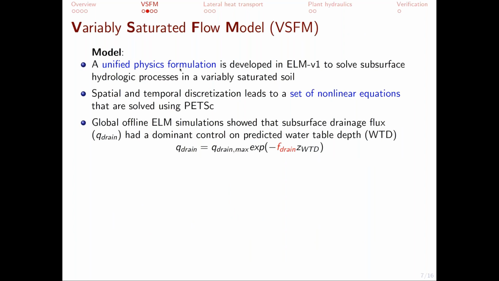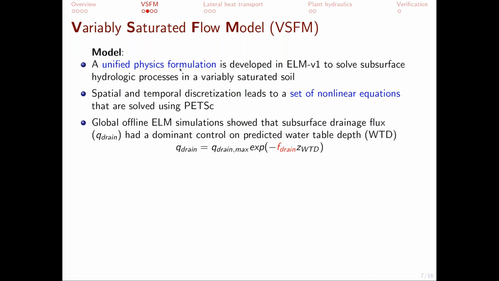We spatially and temporally discretize these equations, which leads to a set of nonlinear equations, which we solve using PETSc. Finally, some sensitivity analysis of offline simulations showed that subsurface drainage flux has a very dominant control on the predicted water table depth.